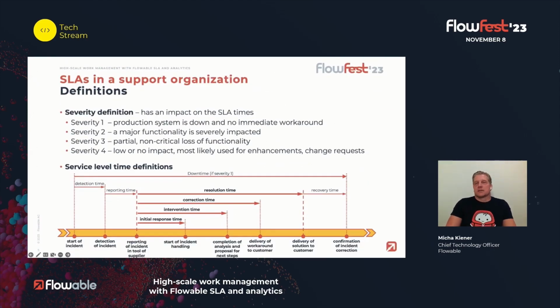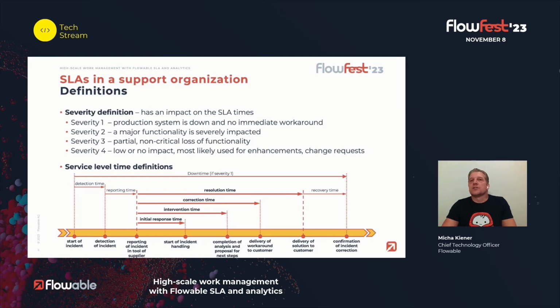So what does a service level agreement look like in an example of a support organization? I took a lot of information from our own Flowable support organization to give you a bit of an inside view of what a service level agreement looks like. So for instance, severity 1 in our definition means the production system is down, you can't work anymore, which is a pretty big incident, right?